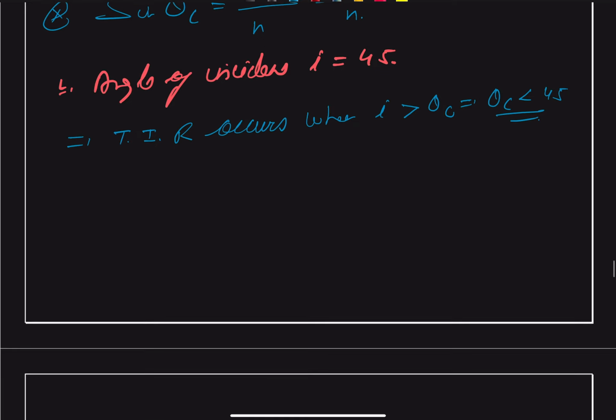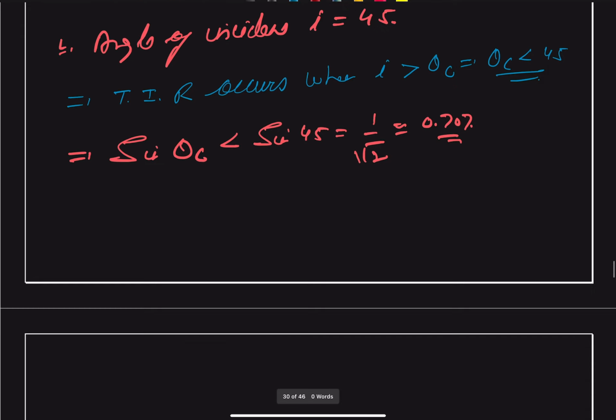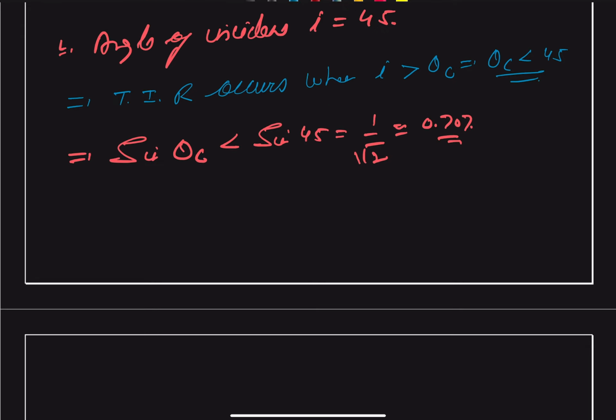And from here we can write that sine of theta c is less than sine of 45, and sine of 45 is 1 upon square root of 2, which is close to 0.707. So sine of theta c, which is 1 upon the refractive index, is less than 0.707, which gives that the refractive index should be greater than 1 upon 0.707, which is approximately 1.414.